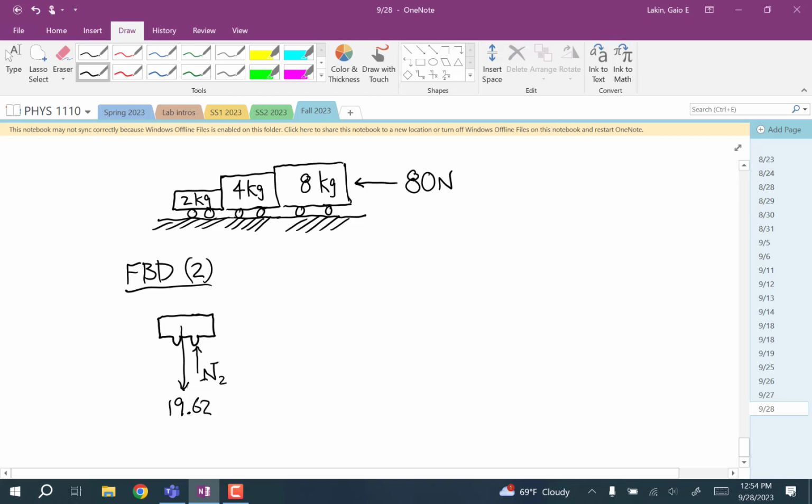And then there's a pushing force from the 4 kilogram. I'll call that RA, let's say. The 8 kilogram cart isn't touching the boundary, so that doesn't go there. And the 80 Newton force doesn't contact the boundary, so that doesn't go there. So this is it. That's done.